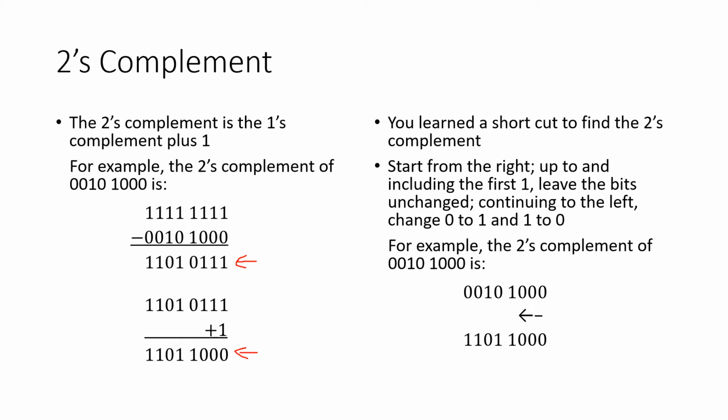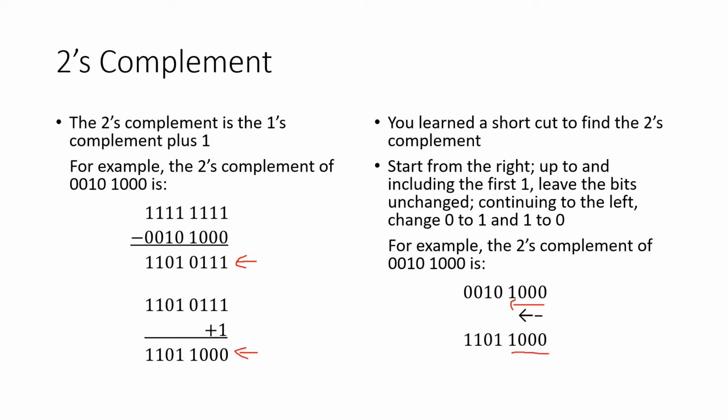Now, in ELN 133, you undoubtedly learned a shortcut method of determining the 2's complement of a binary value, and that is that you start at the right, and up to and including the first 1, you leave the bits unchanged.